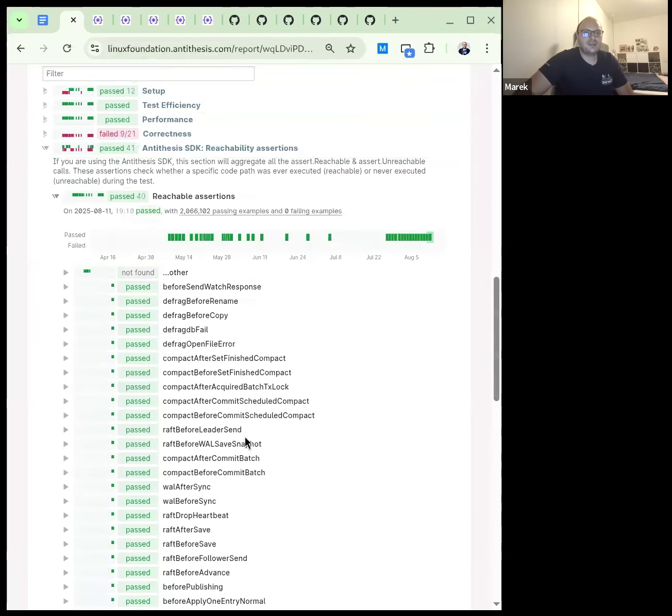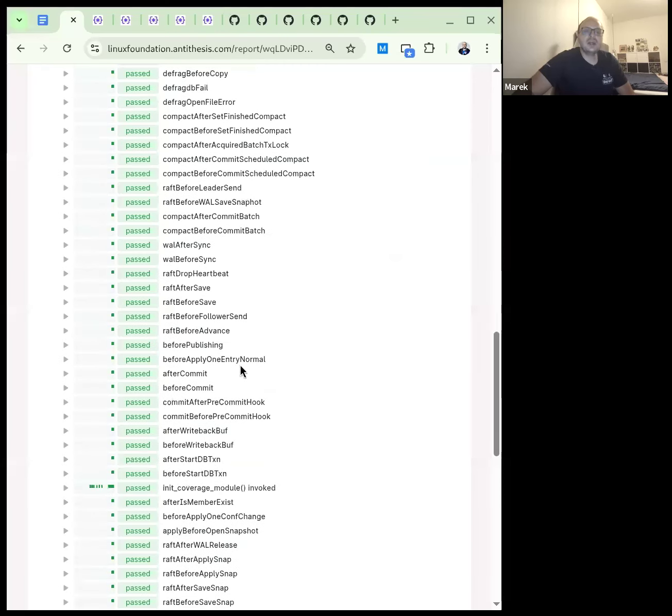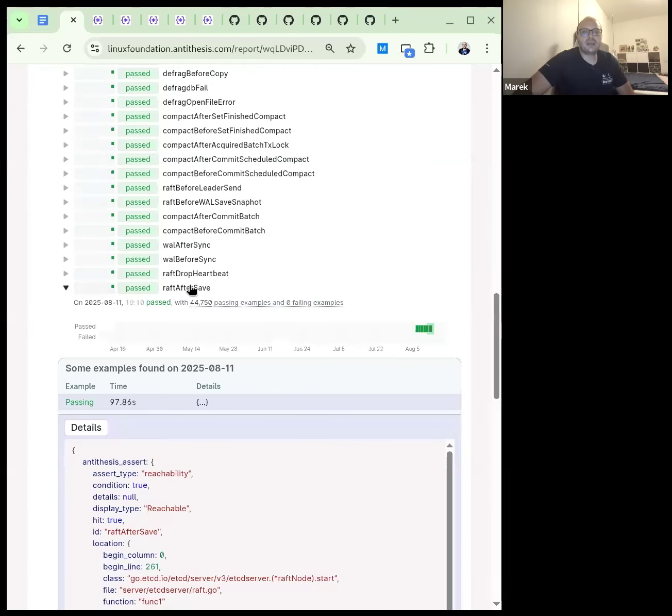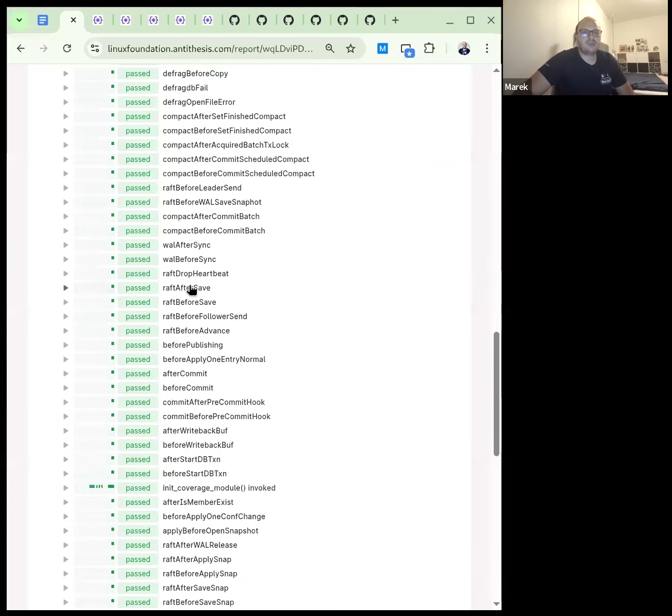40 new reachable assertions, which were previously used by etcd maintainers, even preceding me, defined by the original maintainers of etcd: places that were interesting from a correctness point of view, like when we synchronize the WAL file to the disk, before it, after it, things like that.